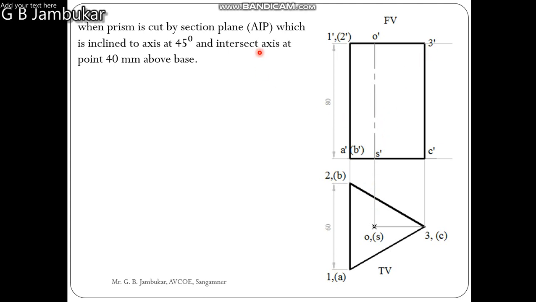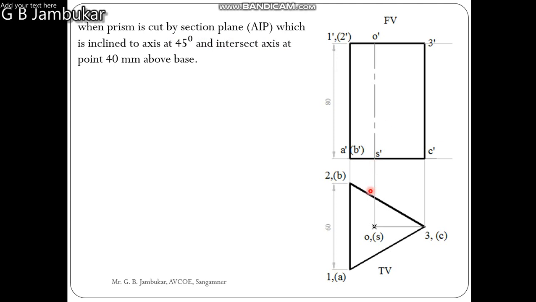Since the AIP is perpendicular to VP, it will appear as a line in the front view. This section plane line will pass through the point 40 mm above the base. So from this S dash, locate a point at 40 mm and through this point draw a line inclined at 45 degrees to the axis.